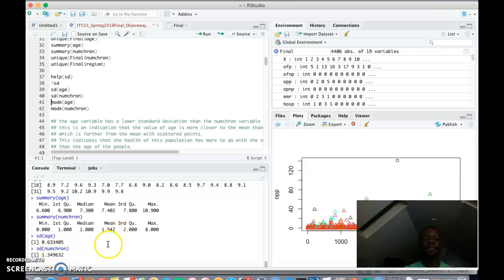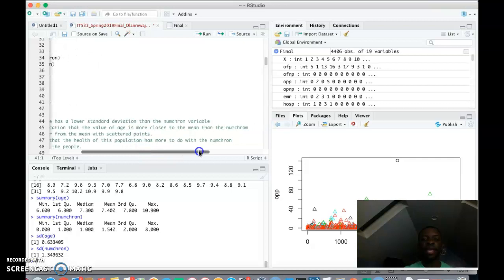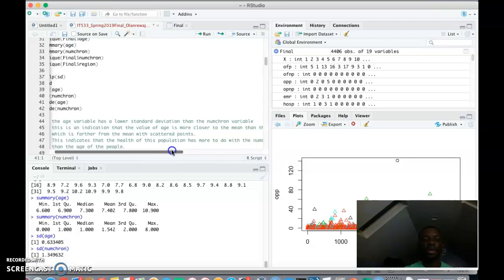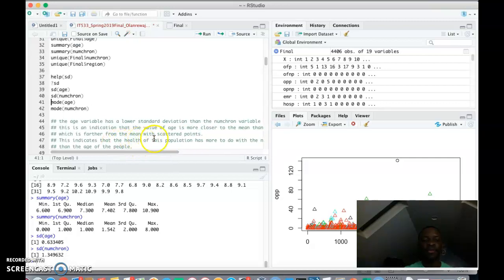This is an indication that the values of age are closer to the mean than those of non-chrome, which are farther away from the mean, with scattered points. So the farther away a value is from the mean, the more scattered it gets, and it is not as close to the mean.